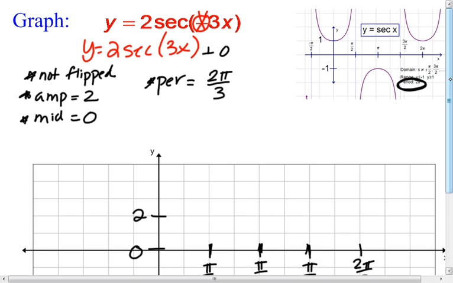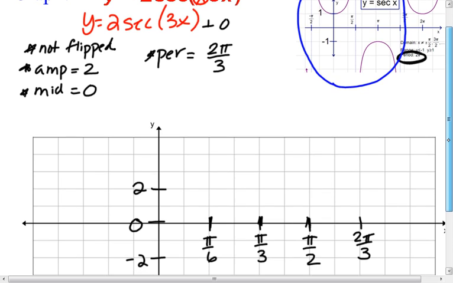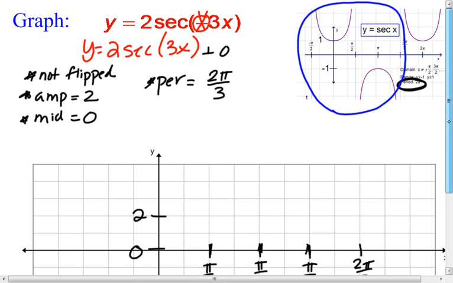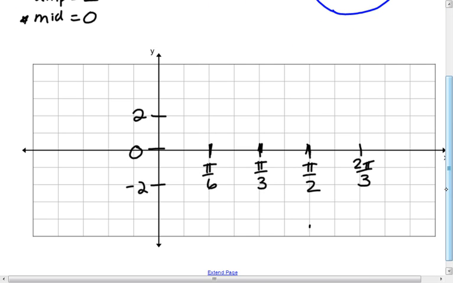Okay. With secant, again, I want to see one full cycle, and I don't like to see those curves broken up. So I want you to give me probably this section. If you want to do the other 2 curves, that's fine. But I want to see 2 full curves, and don't break the curves up for me, please. Okay? So what happens is that curve is split on the other side of the y-axis. So I actually need to label this spot over here as -pi/6.